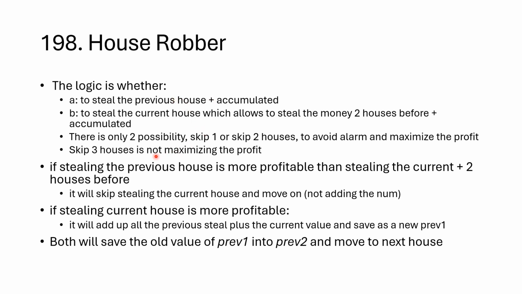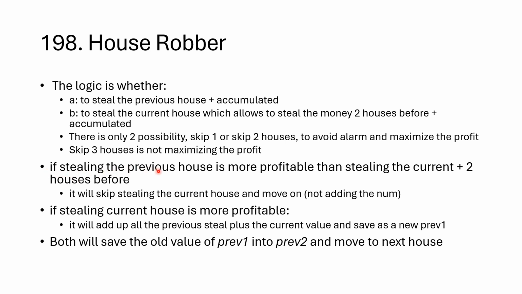So there are only two possibilities: skip one or skip two houses to avoid the alarm and maximize the profit. Skipping three houses is not maximizing the profit, as you can actually steal one house, skip one in the middle, steal one again and skip another house. So there's only two possibilities: skip one or skip two.